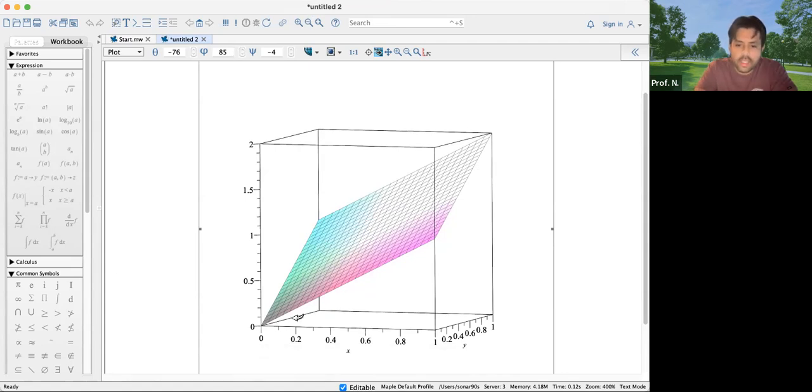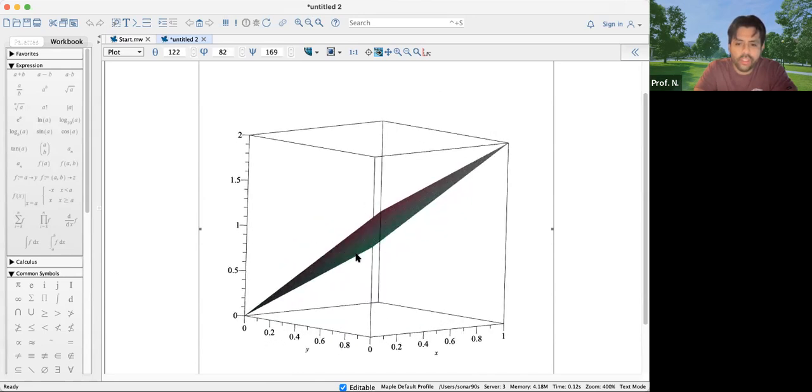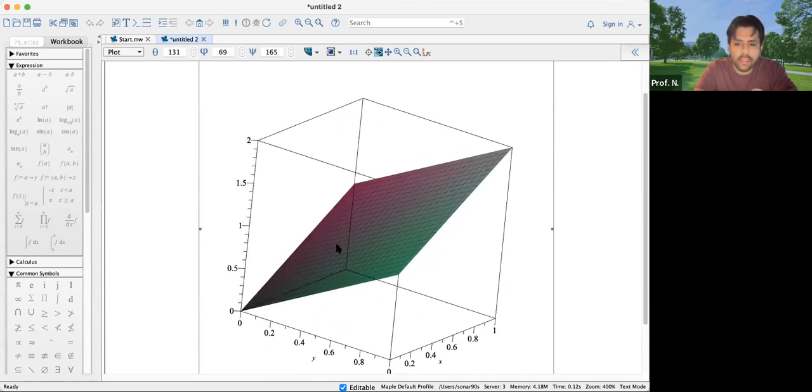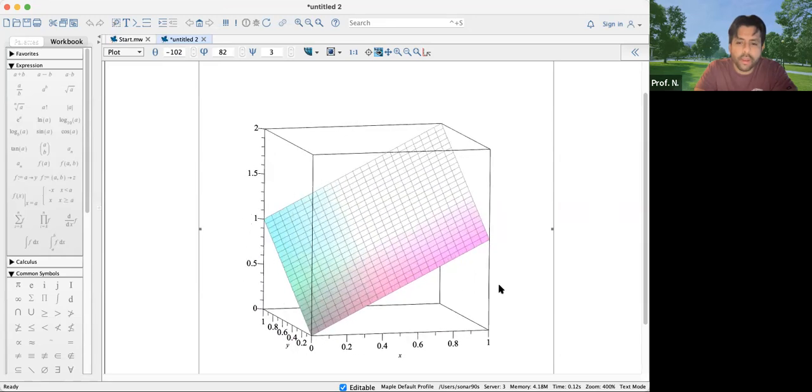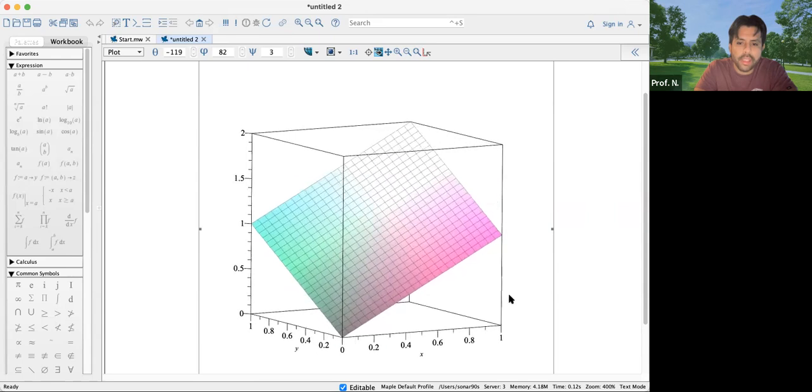So the idea is that this is the x axis and this is the y axis. If you're adding x values from 0 to 1 and y values from 0 to 1, you get this piece of a graph. You get this sheet, like a plane, and this is the region of the plane that we have.